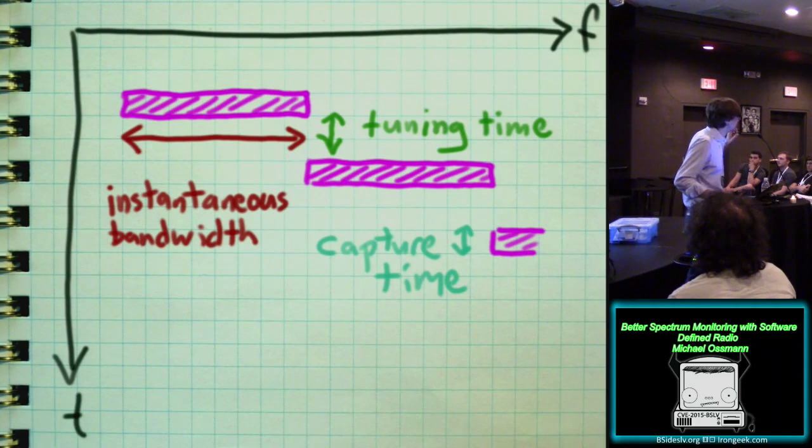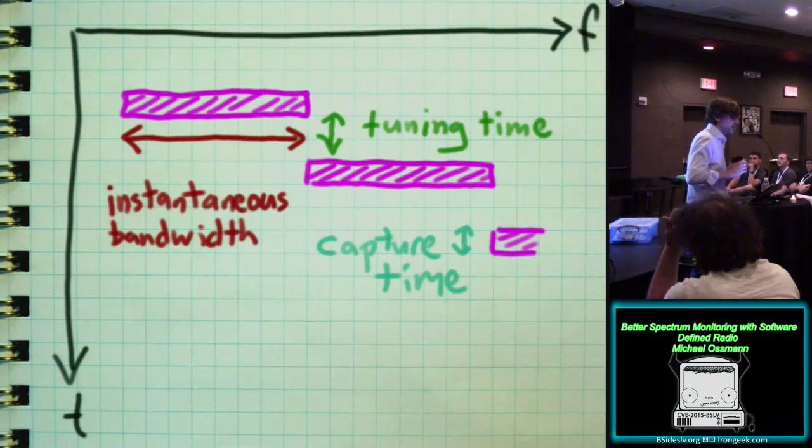Now the height of that window is a function of how long you remain tuned to that frequency. Both of those things are, to some extent, your choice, but there's some maximum limit to what your sample rate or instantaneous bandwidth is.